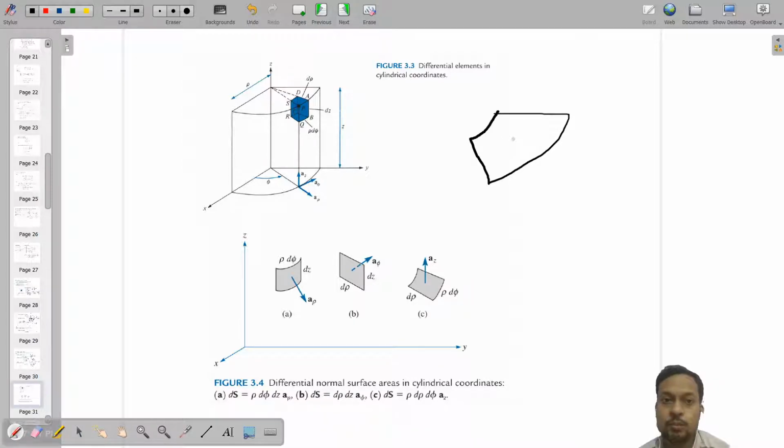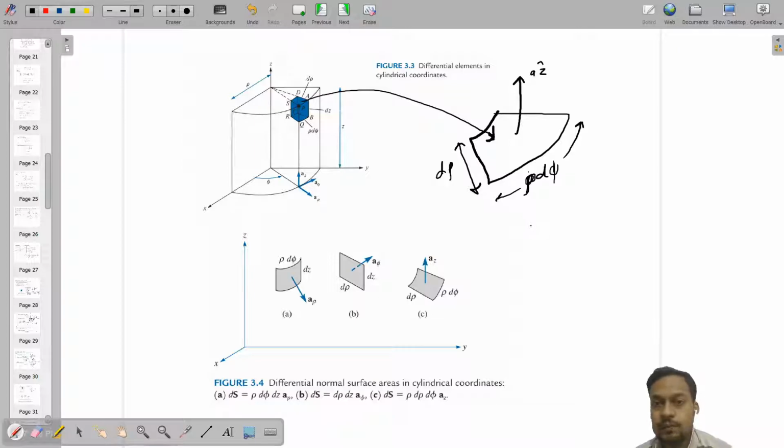This is the top face of the differential surface. For the top face, the normal vector is az, and we have the varying length, the arc length rho d phi, and this length, the radius, that is d rho.